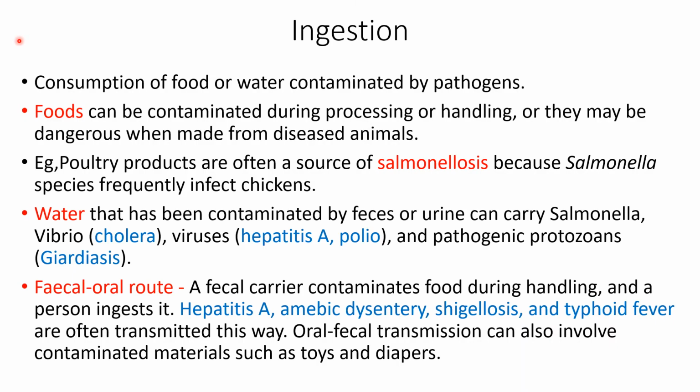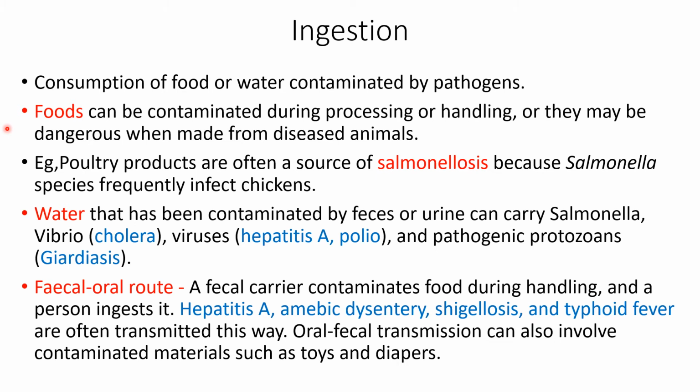The next vehicle that we should know is contaminated food and water. Consumption or ingestion of food or water contaminated by pathogens can cause disease. We know this already. Foods can be contaminated during cooking or during handling, that means during serving.